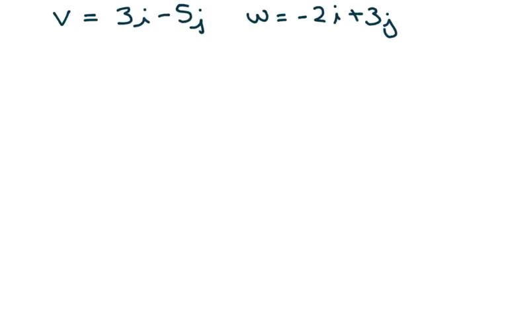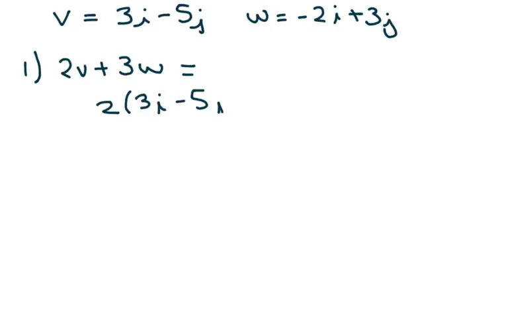So the first one we're going to do is 2v plus 3w. Okay, I got it together. So what we're going to do is just multiply 2 times v, which would give us 3i minus 5j, plus 3 times w, which is negative 2i plus 3j.